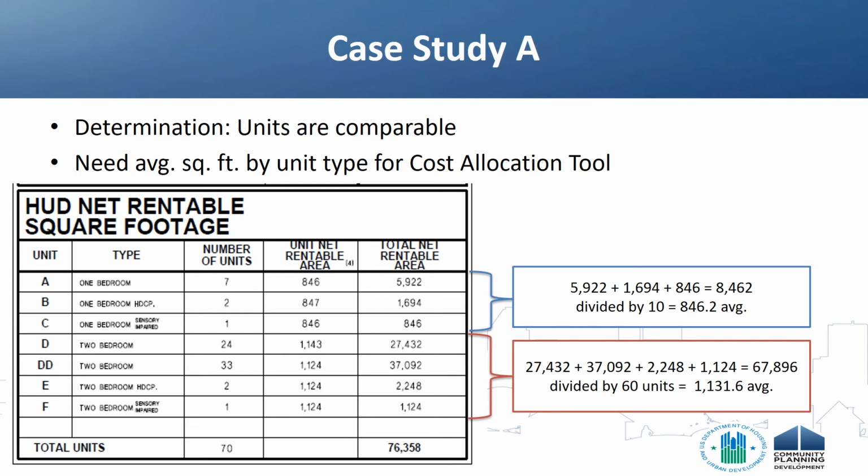That's really close, with the largest and smallest units each only varying from the average by about 1%. While it's not on the screen here, we're able to determine from the project specifications that the finishes and fixtures of all the units are the same. So we conclude that the units in this project are comparable in two tranches. We have 10 one-bedroom units that are comparable and 60 comparable two-bedroom units.